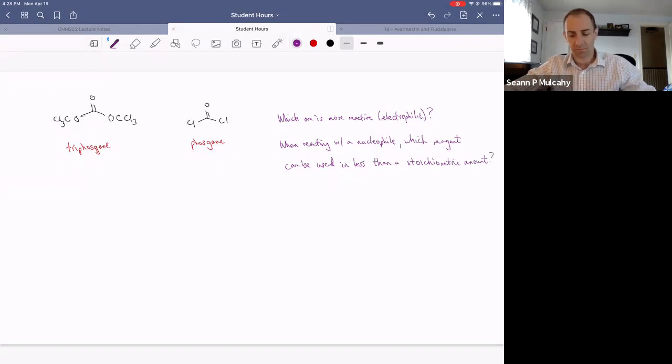Less than one equivalent. So you don't have to add the nucleophile and the electrophile in a 1-to-1 ratio. It might be 1 to less than 1.